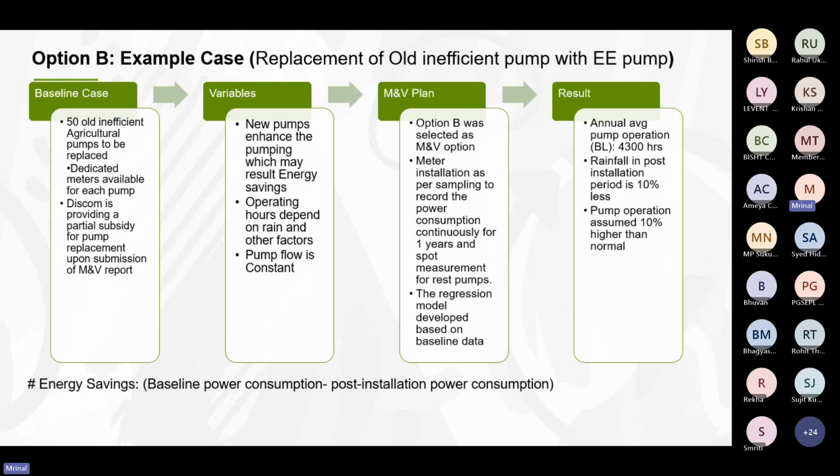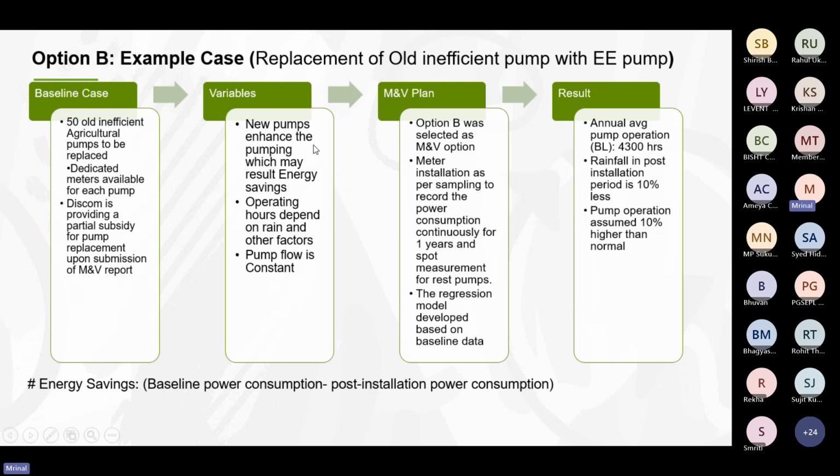The metering is available for each pump, and the DISCOM is providing a partial subsidy for the pump replacement upon submission of the M&V report. Now, the government is providing subsidy for the replacement of old with new ones. So this triggered the farmers there, and they have hired an ESCO to do this type of activity because they have to submit the M&V report.